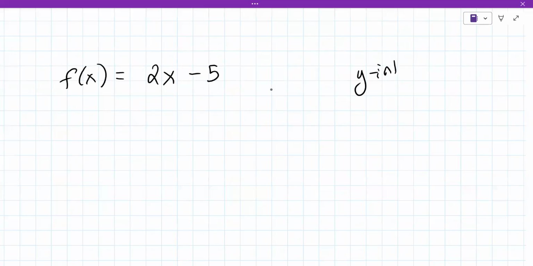So let's say f of x equals 2x minus 5. I want you to first find the y-intercept of this.